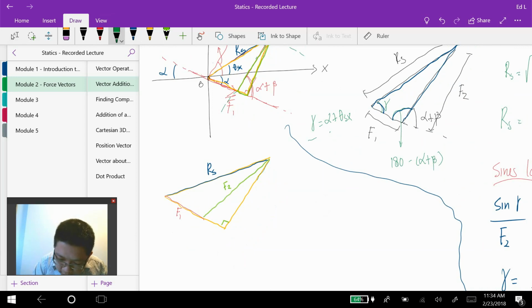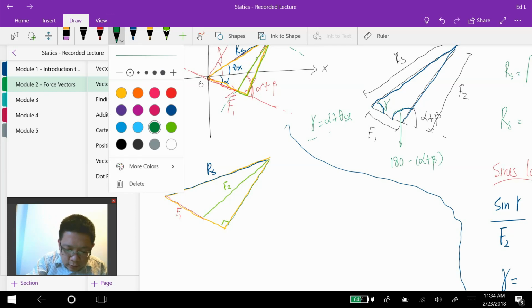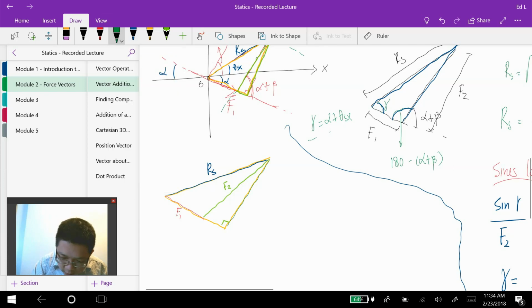We can calculate this thing right here, and I think it's better to use a much thicker dark green color in here, because I know this angle right here is alpha plus beta.